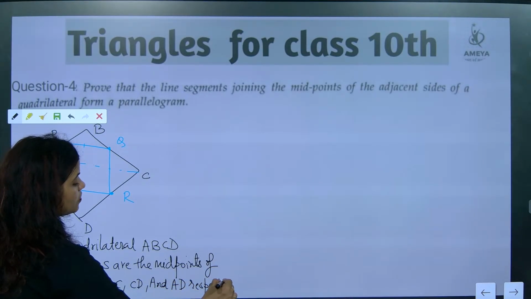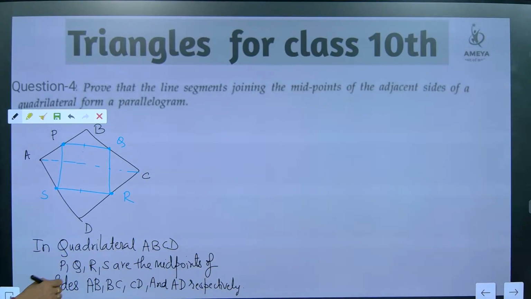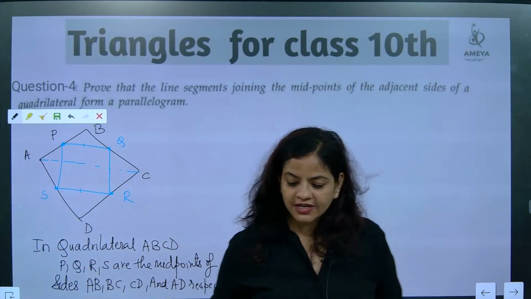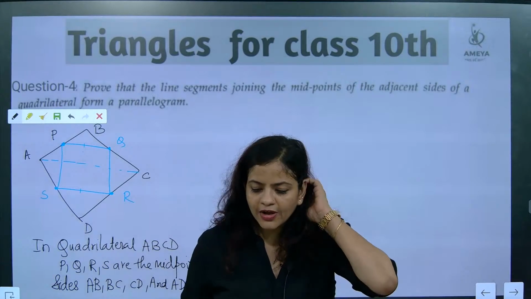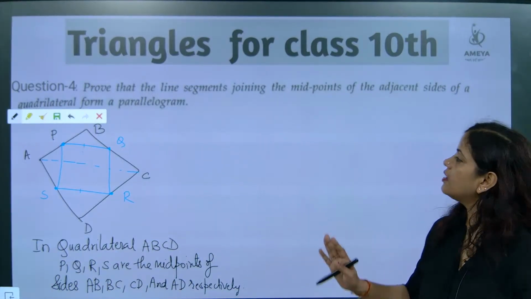We must write the word respectively. Respectively means P is for AB, Q is for BC, R is for CD and S is for AD. That is the meaning of respectively. I hope you might have understood, beta. So now please stop and do your work.